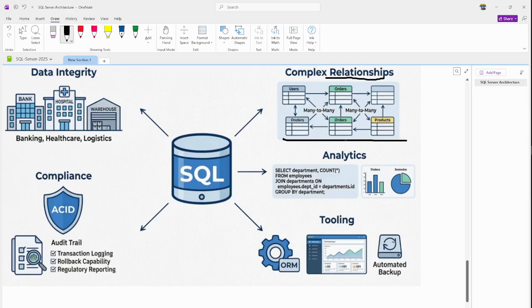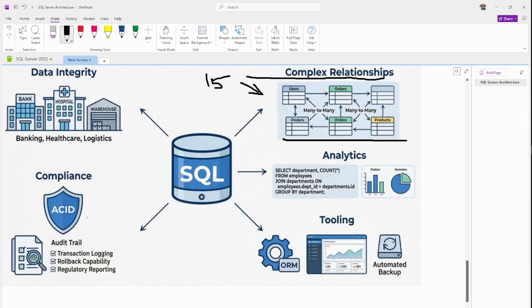A single query can join all these tables to answer: which customers in Bangalore have purchased a specific brand of laptop in the last 15 days. You can get that query easily.